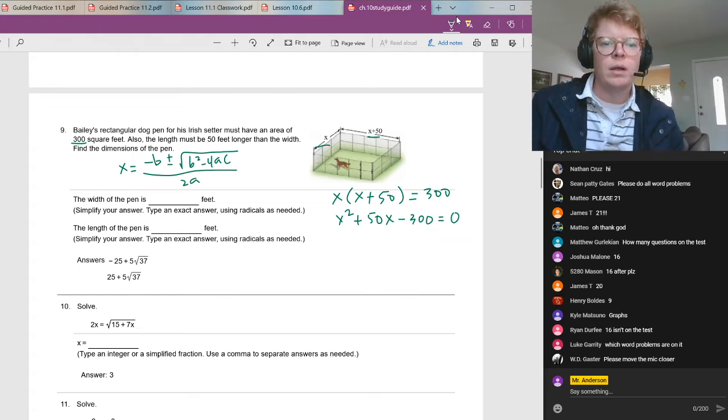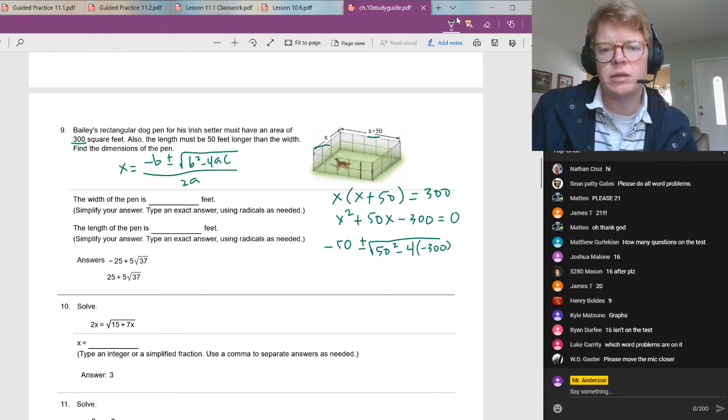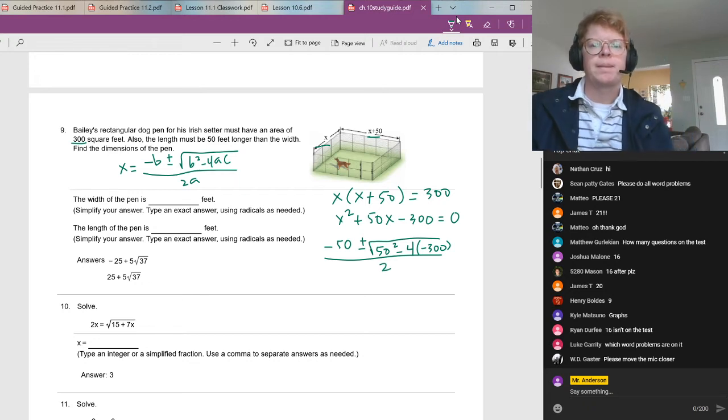Okay? So negative b is going to be negative 50 plus or minus the square root of 50 squared minus 4. A is 1, so I'm not going to put it in there. C is negative 300, over 2, and again, there's no A.